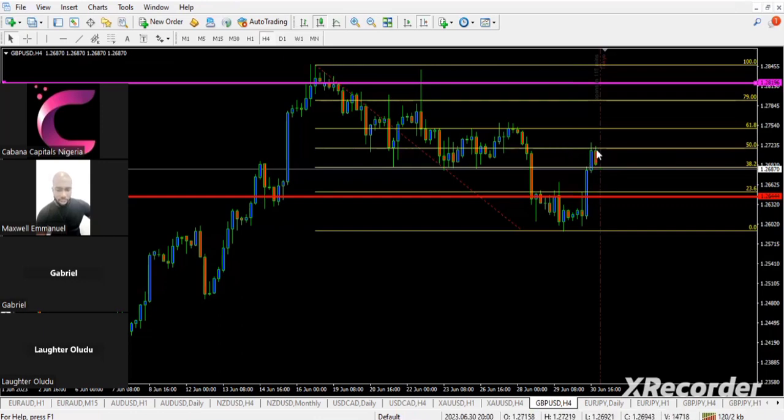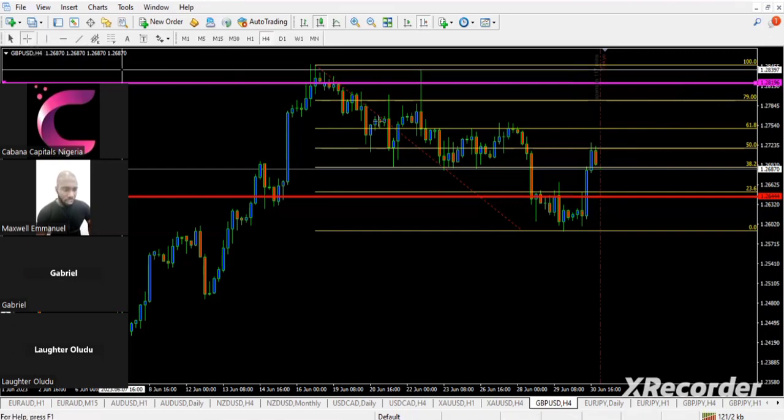Okay, so GBP USD is bearish at the moment, but if this resistance is broken, you should expect GBP USD to pull back to this level 79 before it starts selling.